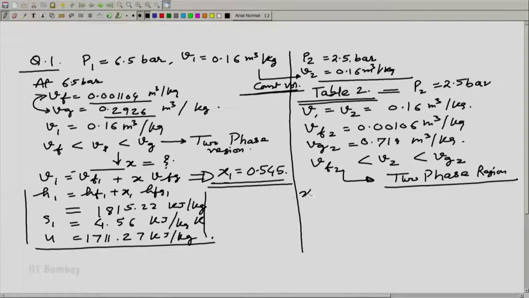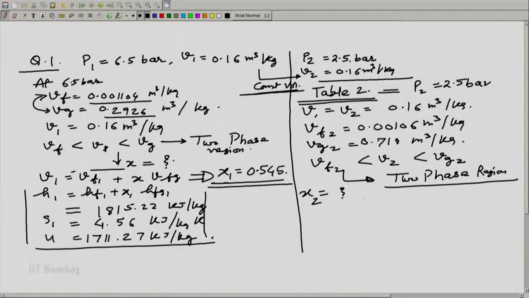The moment I say two phase region, I should know the value of x2. It means that this process entirely happens in the two phase region. Point 1 is also in the two phase region, and points 1 and 2 both lie in the two phase region only. I would like to calculate x2 using the formulation for V2. V2 is equal to Vf2 plus x times Vfg.